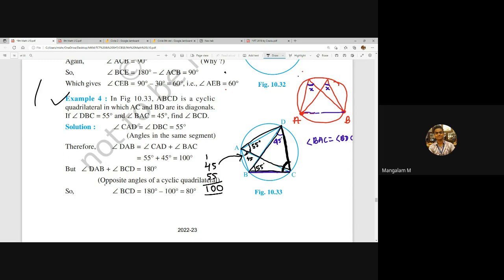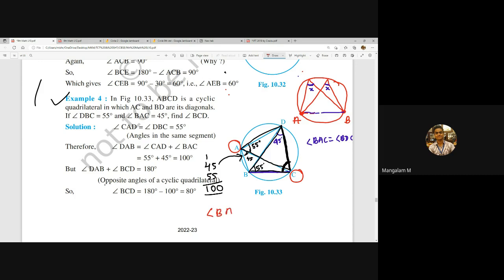And we know that the sum of the opposite angles of a cyclic quadrilateral is 180 degrees. So angle A and angle C will be equal to 180 degrees.